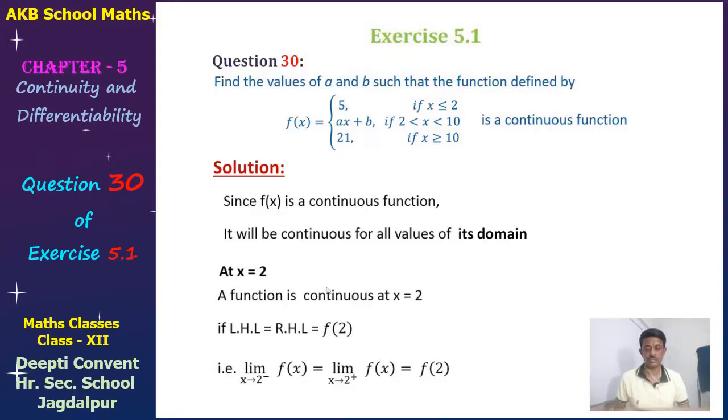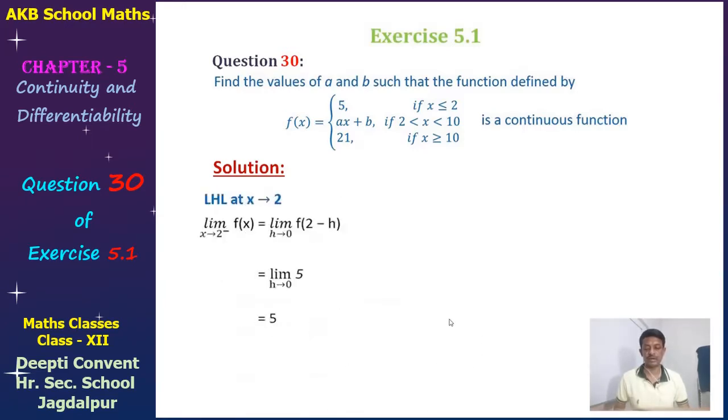At x equal to 2 it is continuous because it is continuous in its whole domain. So left hand limit, right hand limit and the value of the function at 2 are equal, that is, left hand limit and right hand limit equal f of 2. Let us find the left hand limit at x tending to 2 minus, limit h tending to 0 of 2 minus h. On the left side, x less than 2, the function gives the value 5, so the left hand limit is 5.